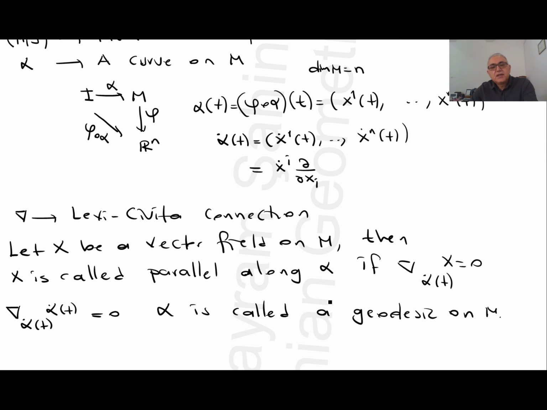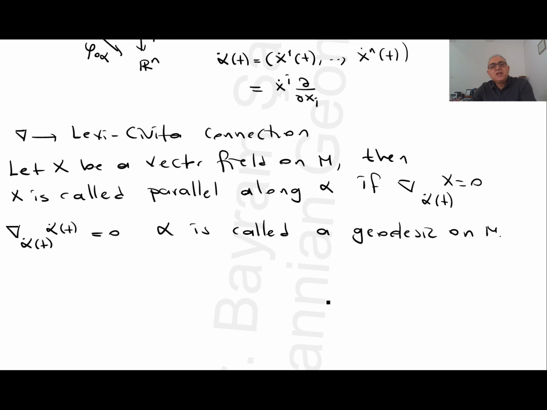So now we find the geodesic equation for the Riemannian manifold. Let's start this way. Let's say X is a vector field on the manifold, X = X_i partial_i, and Y = Y^j partial_j.